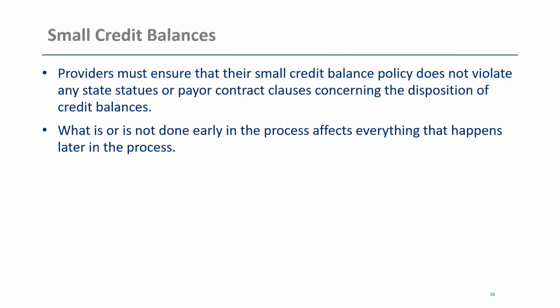The policy should be matched by a similar policy for small debit balances as well. Tracking reports should be developed to identify internally generated charge credits versus externally generated charge credits. And these reports should be reviewed with all impacted departments and used as a basis to resolve credit balance issues.